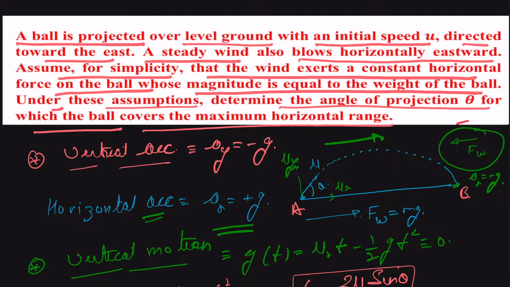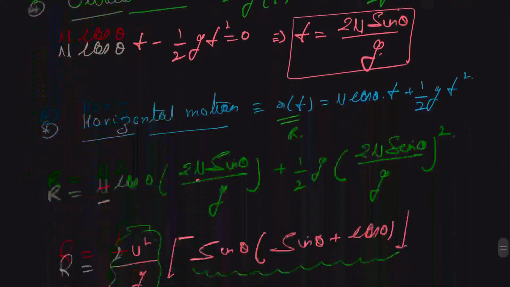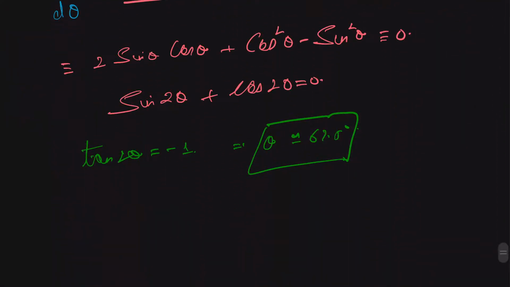We can also formulate it in a slightly different way, but that is not going to make much of a difference. Suppose the projectile is launched in this direction, but the wind is flowing perpendicular to this. The wind is perpendicular to the direction of motion.